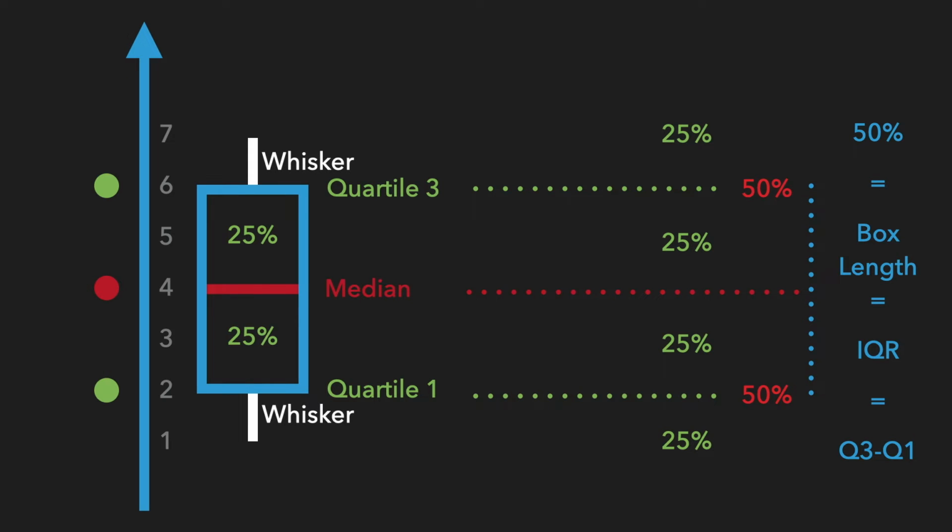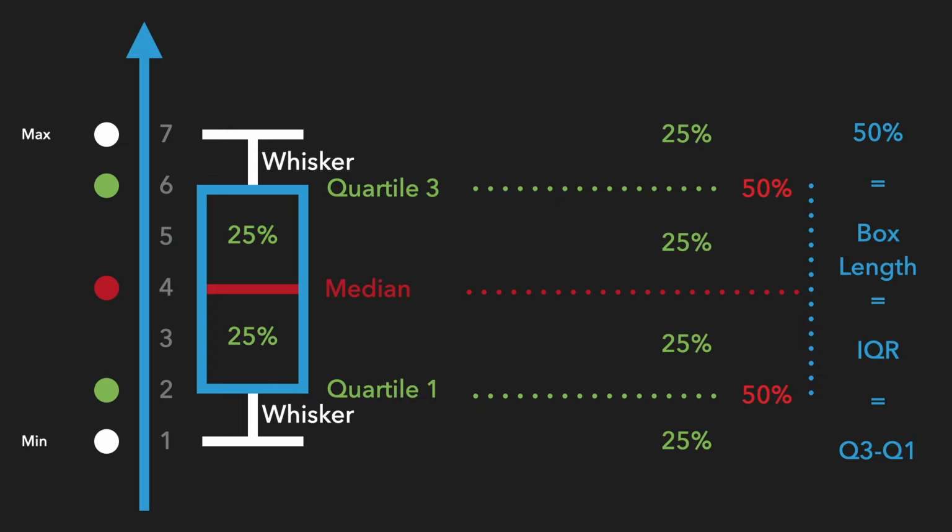Whiskers show data variability outside of the box, with the maximum sitting on the end of the highest whisker, which is often called 95th percentile. Maximum is the largest data point excluding any outliers. And the minimum sitting on the end of the lowest whisker, often called 5th percentile.